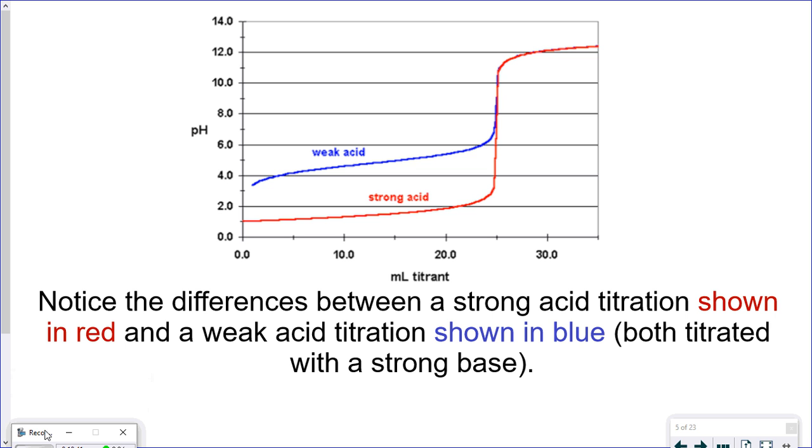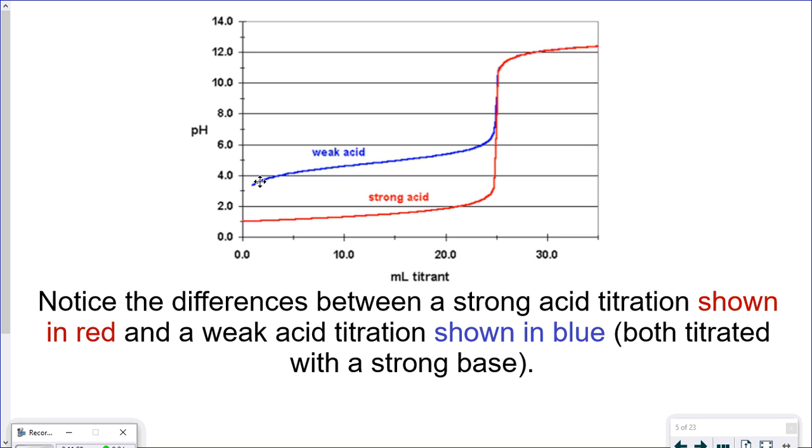So now we have to talk about what happens whenever we have a weak acid instead of a strong acid. So here's a titration curve. So you see the red one is the strong acid that we just went through. But what happens whenever we have a weak acid? We're going to talk about some of these differences. You'll notice the initial pH is going to start off higher.